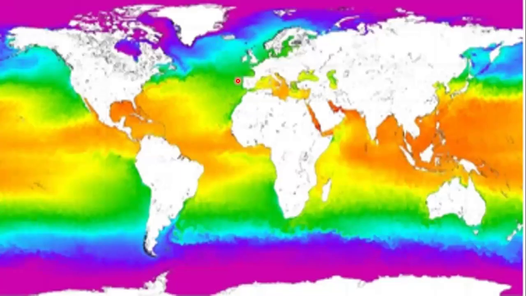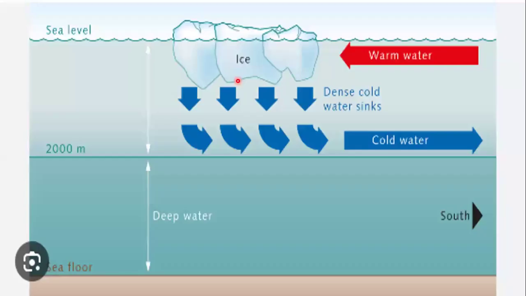Now, the next factor is variation in the salinity of ocean water. Sea water, we know, is saline. Salinity varies from one place to another. Salinity increases the density of water.